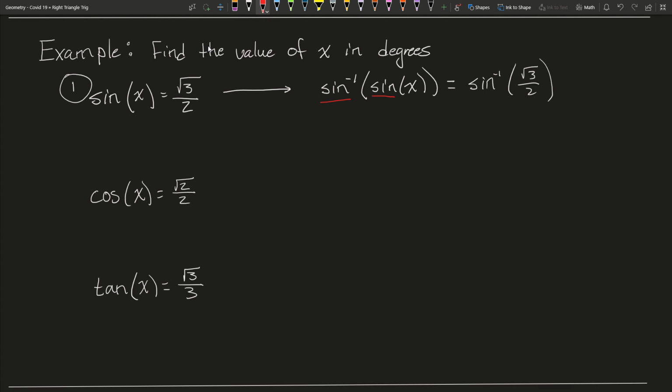They undo one another. And we're left with just x on the left-hand side, at least. And on the right-hand side, we still have this sine inverse of √3/2. So that's why this is working. We have two functions that undo one another. We're left with what's inside the parentheses. And then on the right-hand side, we have something that we can evaluate.